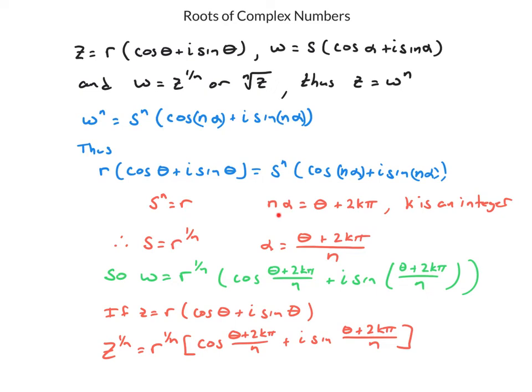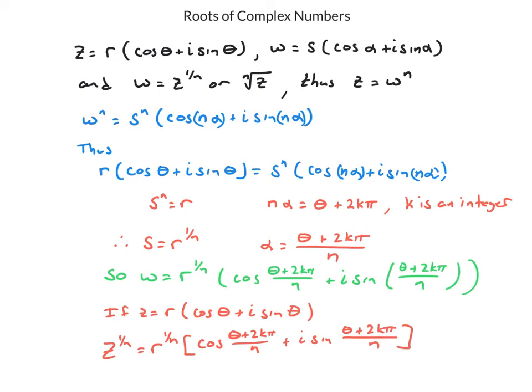And then when I solve this for alpha, I get alpha equals theta plus 2k pi over n. And so when we go back to w, remember w is the nth root of z. I can replace s with r to the 1 over n, because that's what it's equal to, and I'm going to replace the alpha with theta plus 2k pi over n.